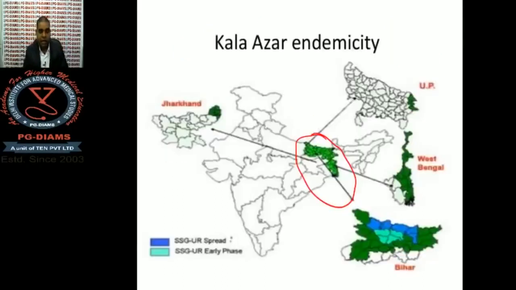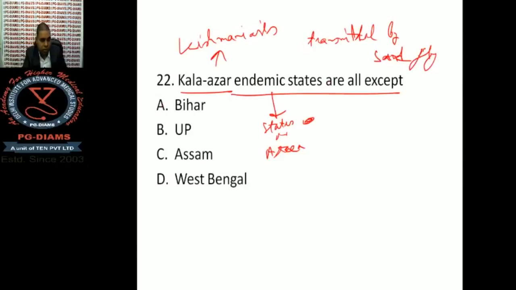So in India, this part is Assam. And in Assam, Kala Azar is not present. But it is present in Jharkhand, UP, West Bengal, and mainly in Bihar. Okay. So these are the 4 states which are endemic for Kala Azar, not Assam. So the answer for this question will be Assam, because Bihar, UP, West Bengal and Jharkhand were there.